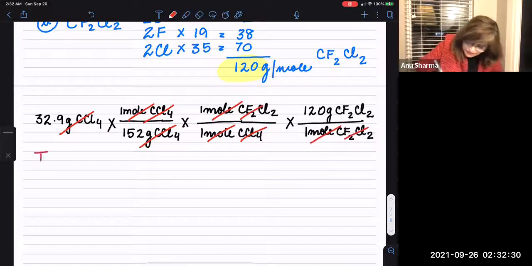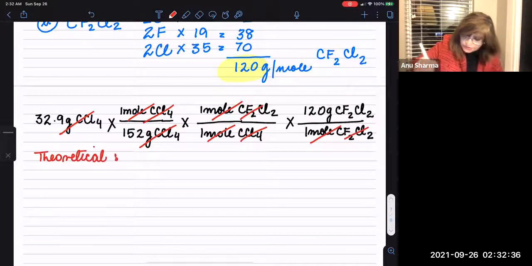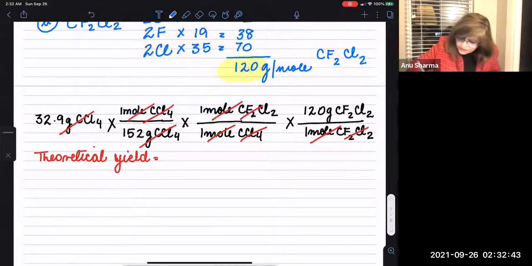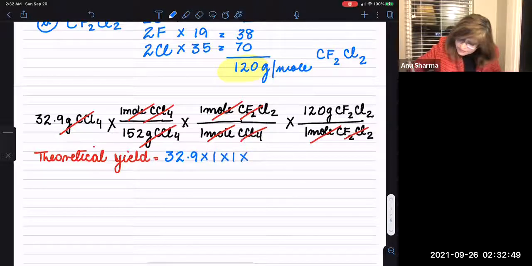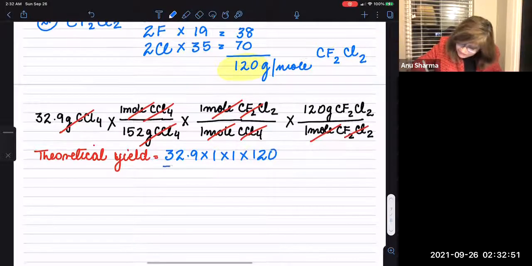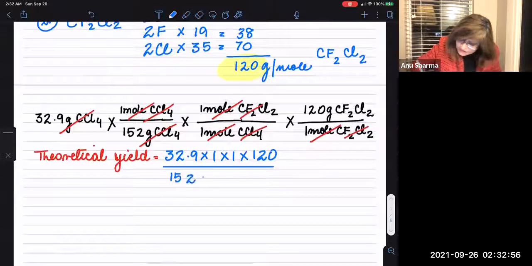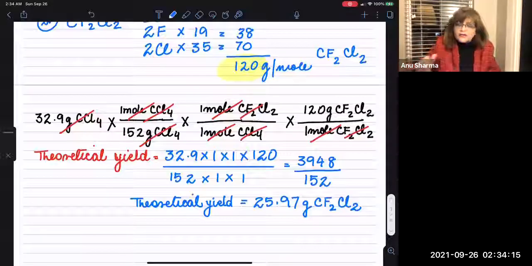So this is the theoretical yield. In theory, we are able to produce 32.9 times 1 times 1 times 120, divided by 152 times 1 times 1. When we do the calculations, we get 25.97.